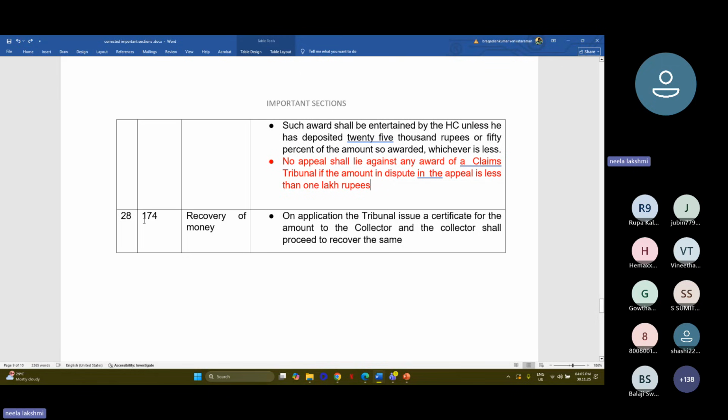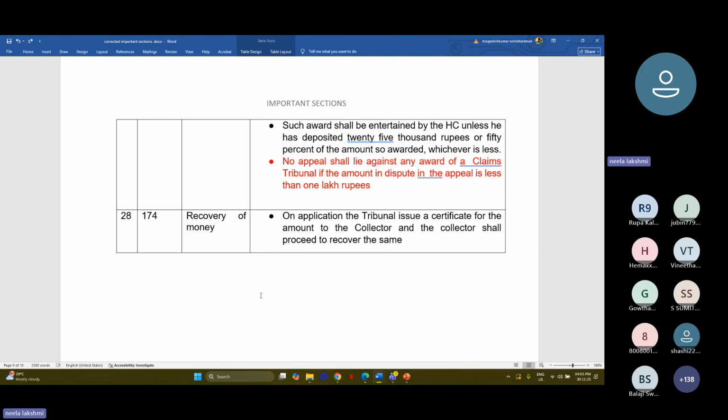Okay, last section, very important, recovery of money. Generally, for any policy breach, the courts are inclined to award pay and recovery order. How to recover? There is a lengthy procedure. If you file an execution petition, that is a very lengthy procedure.